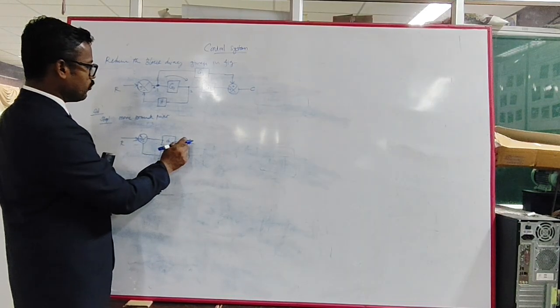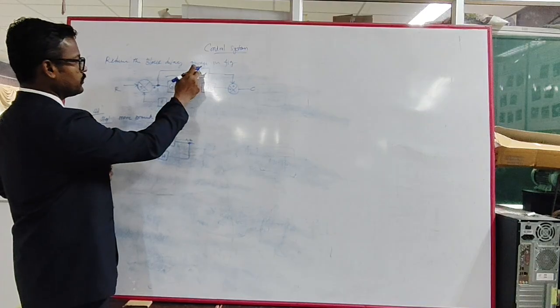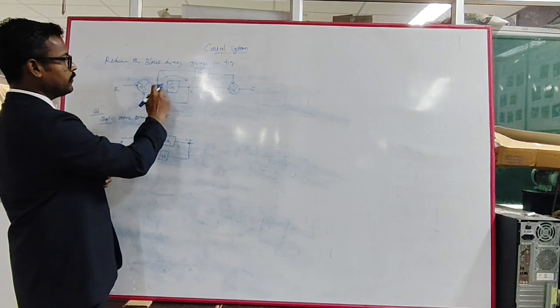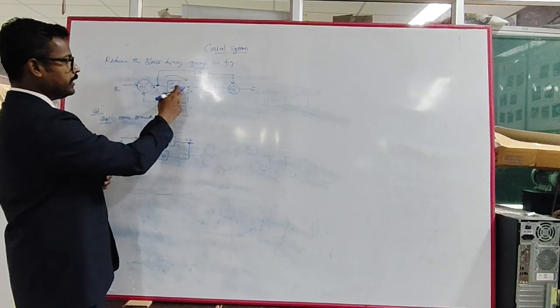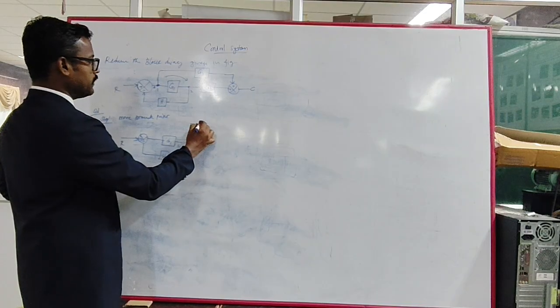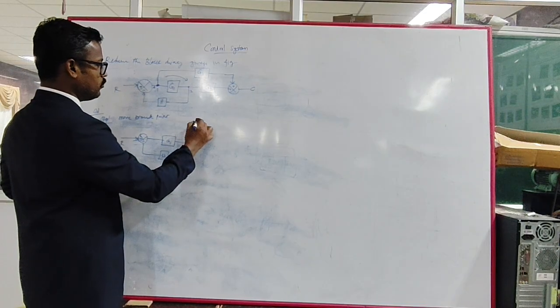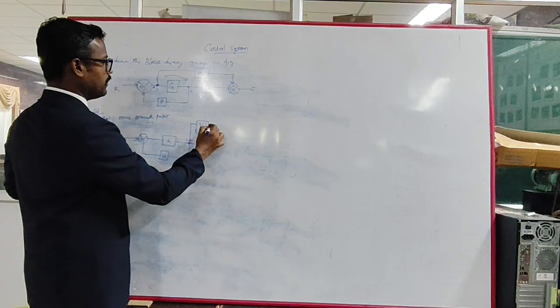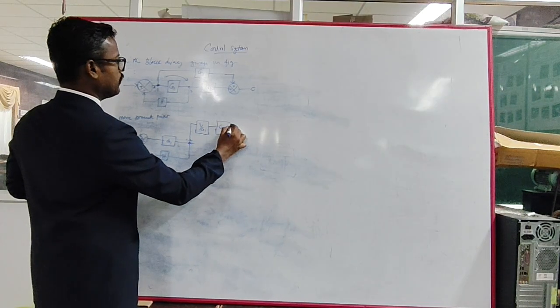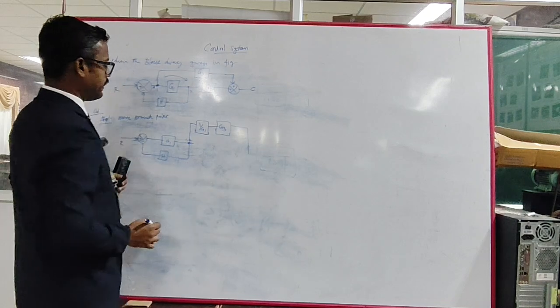Now you see the same thing is forwarded here. If you take it out from here, the tapping is given to G3. Here only A is taken out. If you take it here, it is A into G1. So I am tapping it from here and multiplying with 1 by G1, and it is again given to G3. Then it will be added up here.